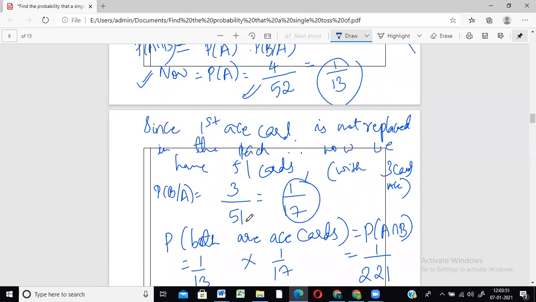Remember, this will not be possible all the time. This is only possible when the word without replacement is given. Like here, in the balls sum also it is given without replacement. So here the probability of A was 4 by 52, and that became 3 by 51. Probability of B such that A became 3 by 51. Each one reduces by one.